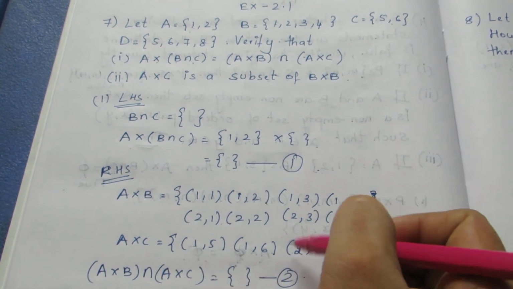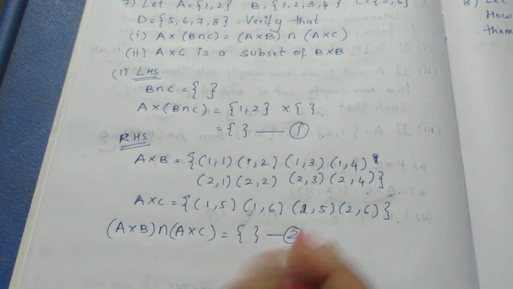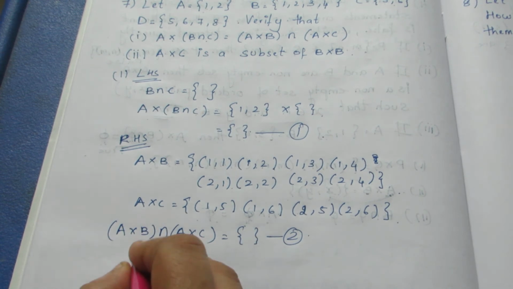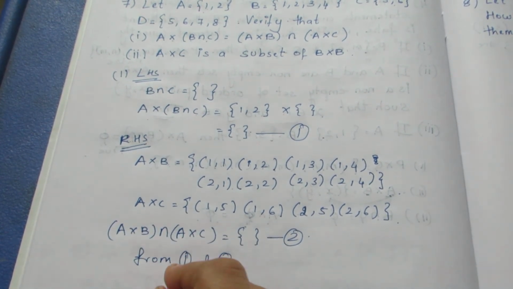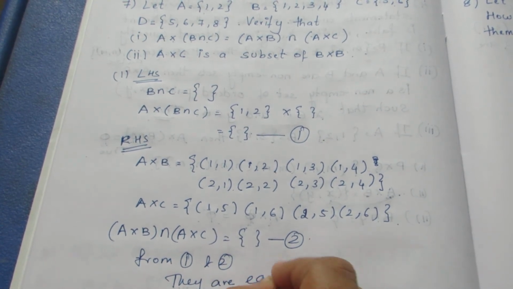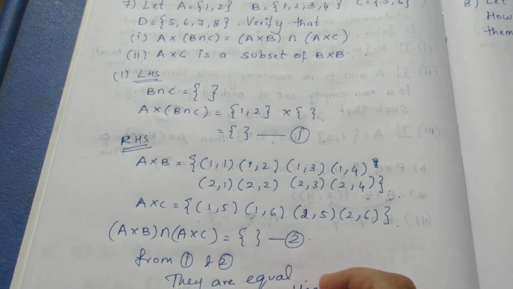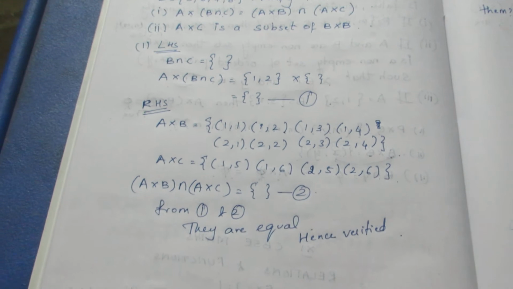See, from 1 and 2 both are equal. This is also a null set and even this is also a null set. So they are equal. Hence verified. So we have proved the first one.